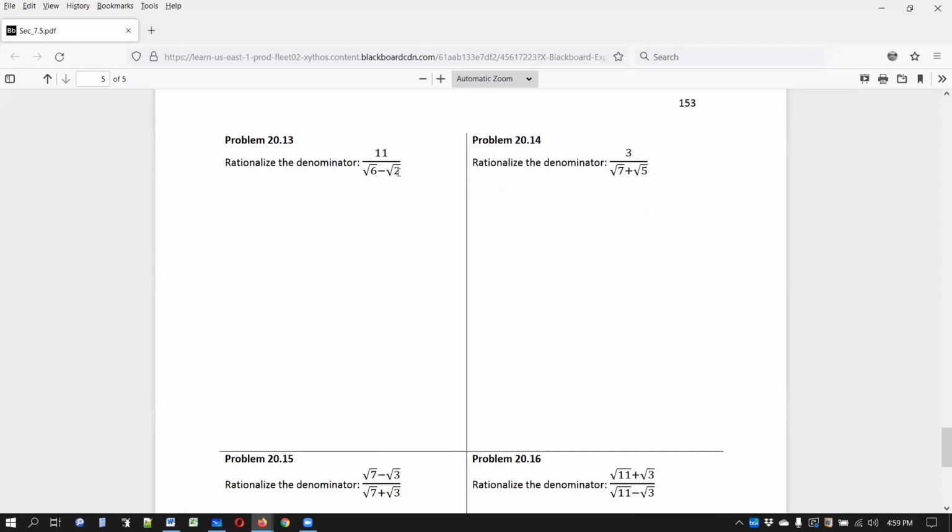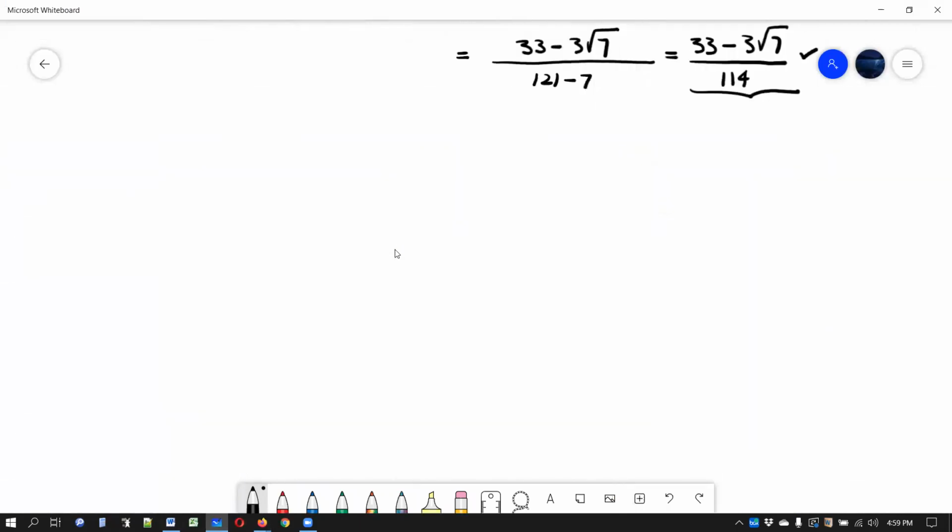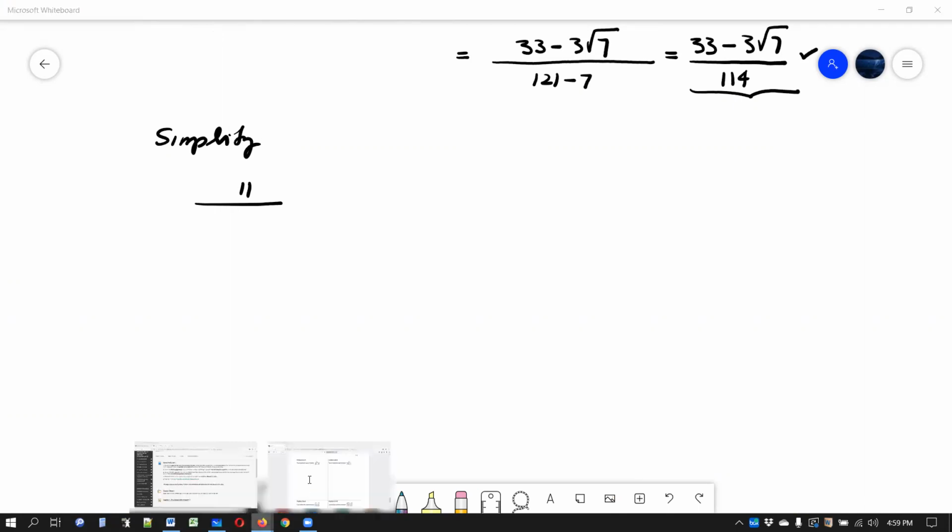20.13, now I have two radicals here, which is fine. The procedure is exactly the same. So 11 over radical 6 minus radical 2. So this will be under simplify also, or rationalize. 11 over radical 6 minus radical 2.